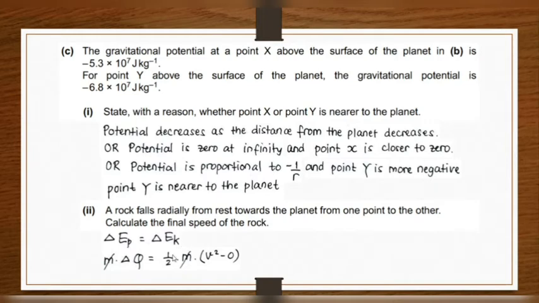Delta kinetic energy is a half m v squared minus initial v squared, which is 0. So we have here delta phi, the change in potential, which is 6.8 minus 5.3 times 10 to the 7. It should be equal to a half v squared. So v is 5.5 times 10 to the 3 meters per second.